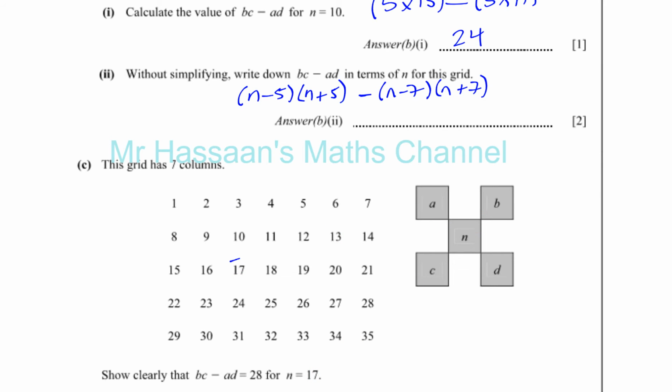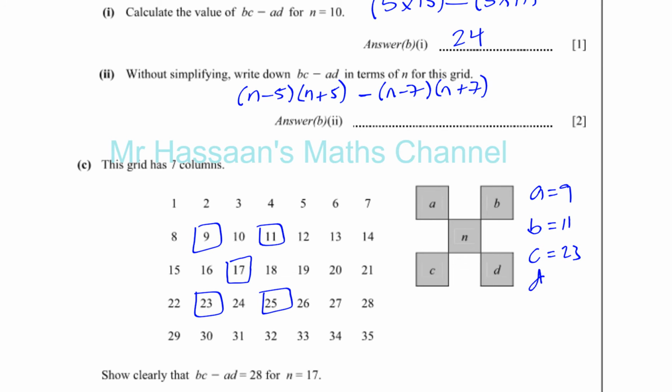Okay, so you have A is 9, and B is 11, and C is 23, and D is 25. So BC, 11 times 23, minus AD, which is 9 times 25.